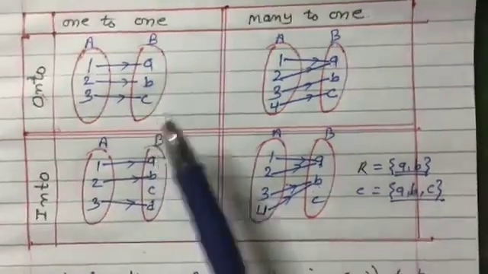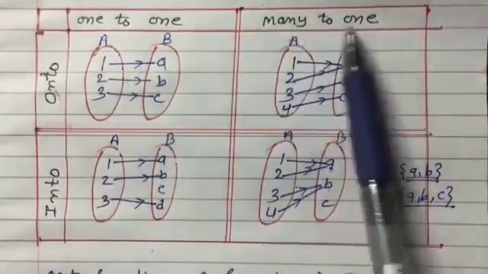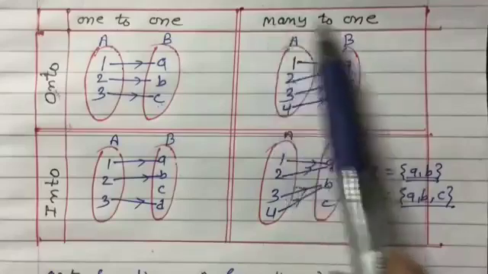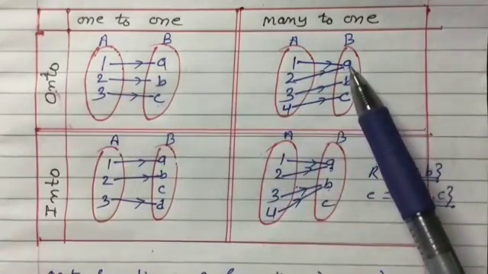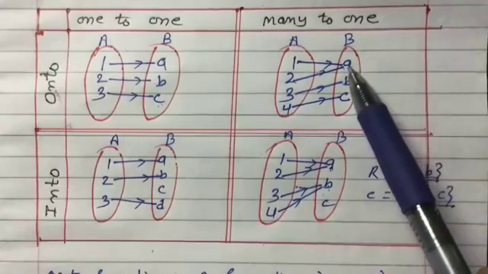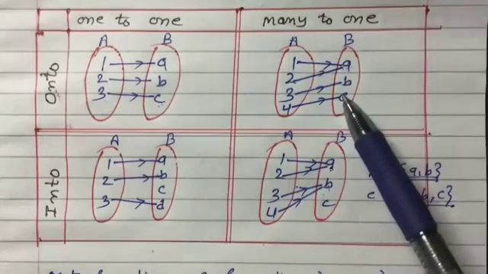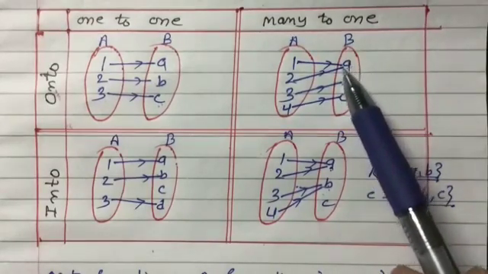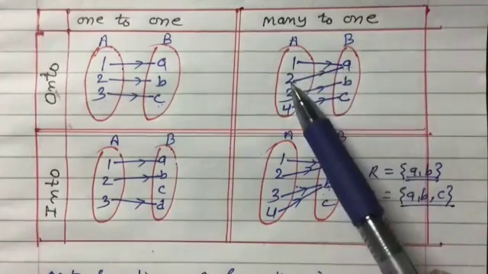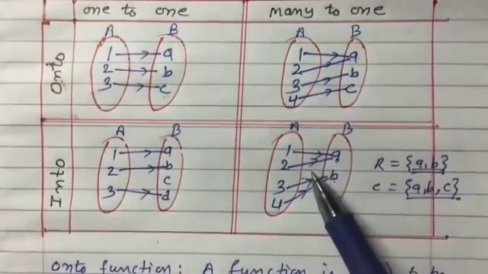Similarly, we can define many-to-one onto in the combination form also. A function is said to be many-to-one onto if range is equal to codomain and at least one image has more than one pre-image. Similarly, we can define many-to-one into function also.